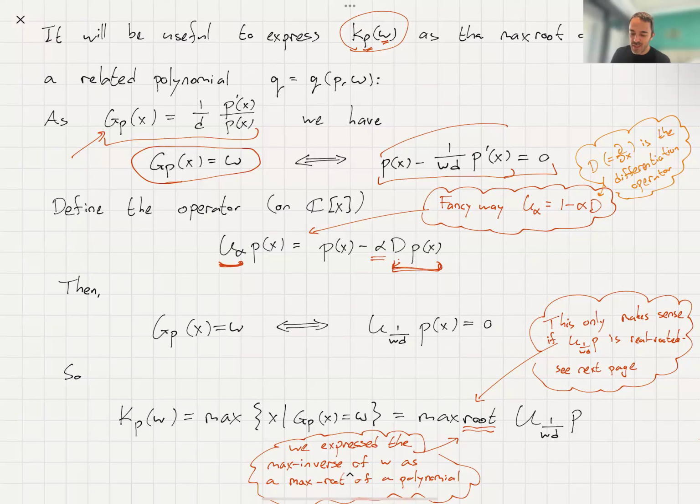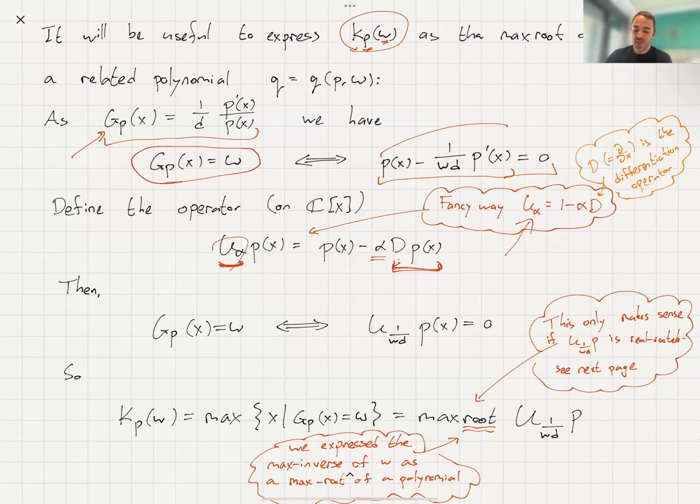And so using this notation, using this operator, which you can also write in a fancy way like that: U alpha is 1 in the sense of the identity operator that takes a polynomial and spits out that polynomial, minus alpha D, namely that's the minus in operator world. You subtract the operators. And the alpha D operator is just what you'd think it is. You multiply by alpha and you differentiate. It's a linear operator all the way because the 1, the minus, the alpha, and the differentiation with respect to x are linear.